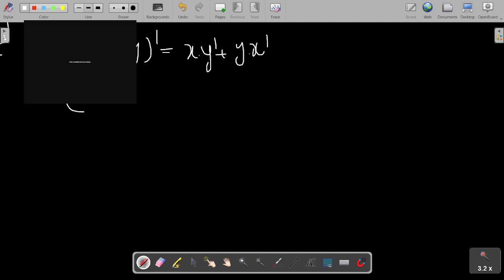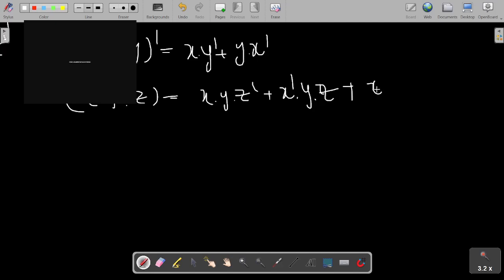If there are 3 terms, x times y times z, then it will be x times y times z dash plus x dash times y times z, and at last I get x times y dash times z.